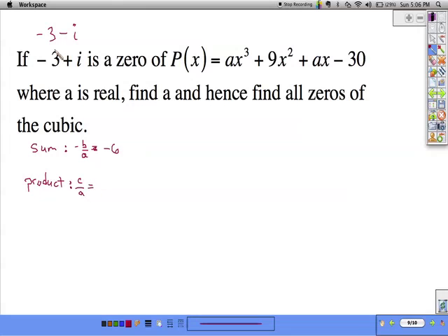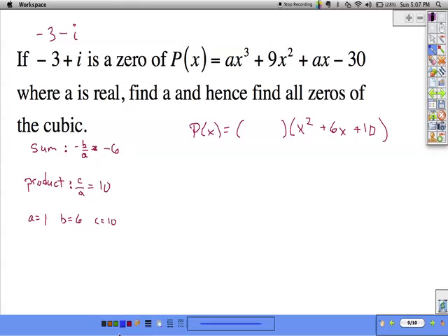If I were to FOIL these 2 roots together, I would get 10. What this tells me is that the quadratic that gave me those 2 zeros had a leading coefficient of 1. Coefficient of x would have to be 6, and the constant would be 10. So I know that p of x can be written as some linear factor times x squared plus 6x plus 10.